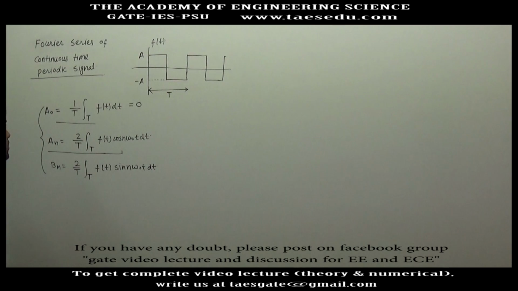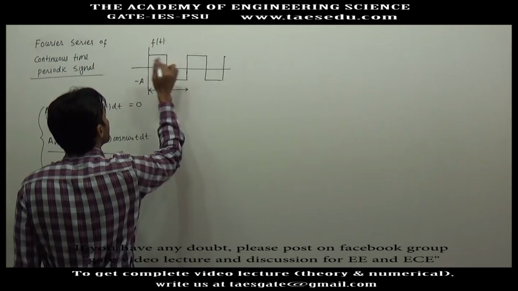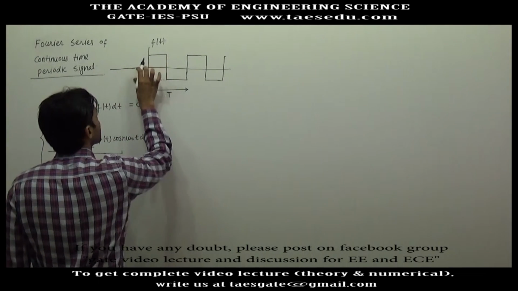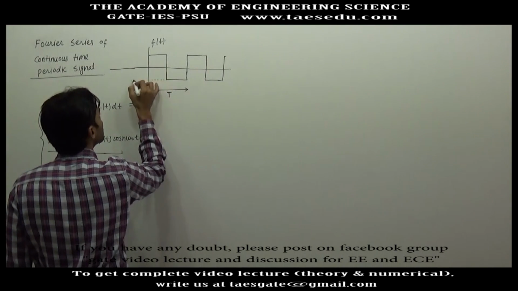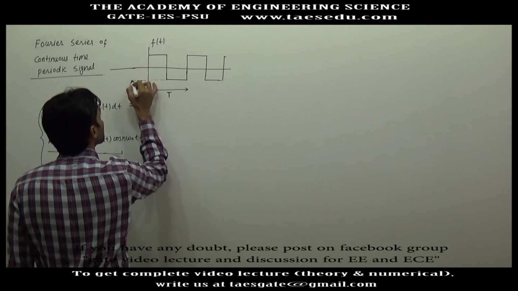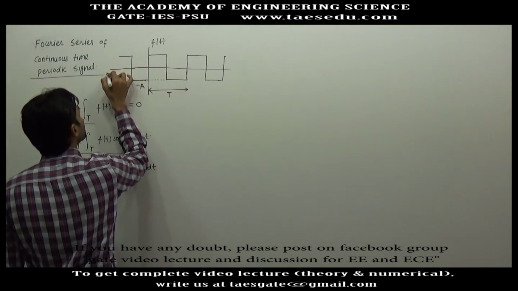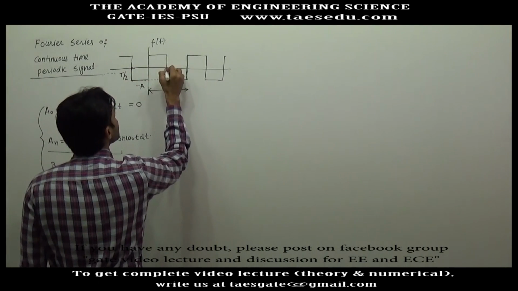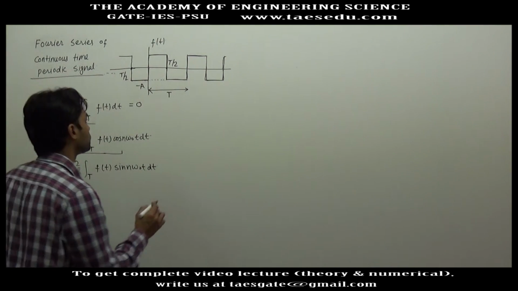To find out an, note that this is a periodic signal. It means it will not start from 0, but it will come from minus infinity and go to plus infinity, this way. This point is minus T by 2, this is plus T by 2. So let us find the value of an.